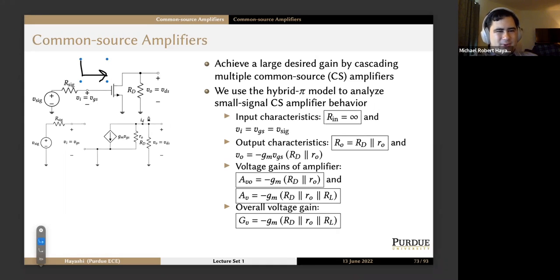There is what Rin is. It's the equivalent resistance looking into the gate of the transistor. It's not a physical resistor with a value printed on it that's Rin. It is instead the input resistance looking into the amplifier.